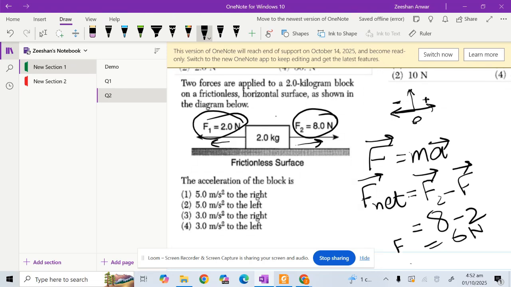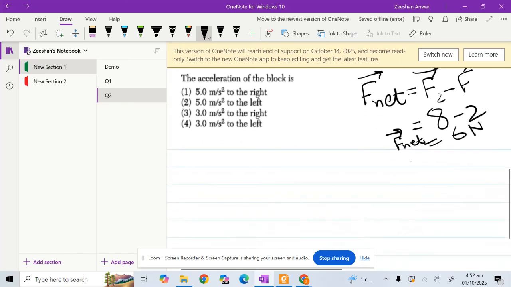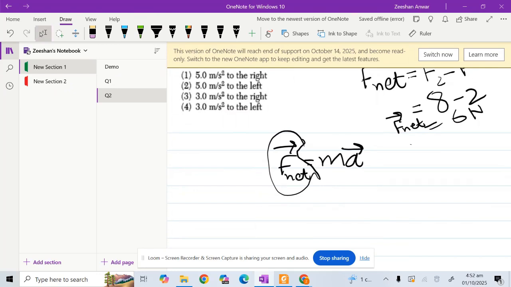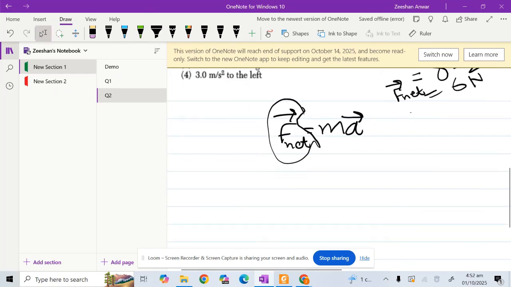So the net force that is applied on that particular object is 6 Newton. After finding the force, we simply use this law, put in its value and find the acceleration produced in the object. Remember that while calculating, we will always put the net force in our solutions.